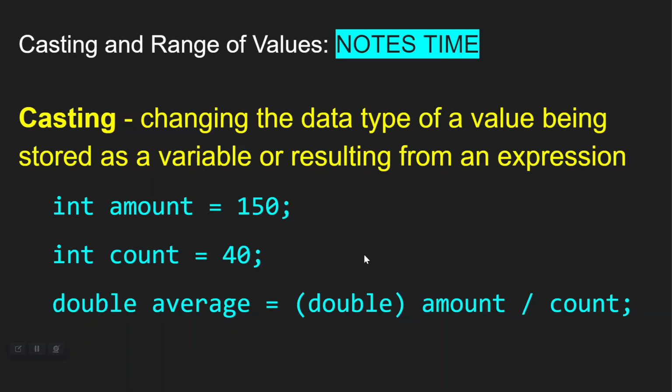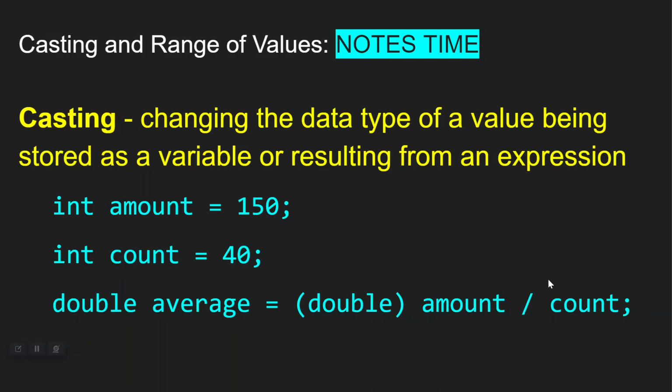But of course, to calculate the average, you would take the amount and divide it by the count. Which means this would potentially result in a decimal. But the problem is that amount was declared as an int, and count was also declared as an int. And we know that if we divide an int by an int, we're going to get an int.